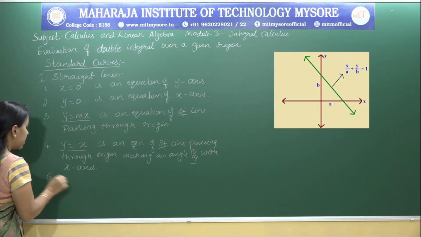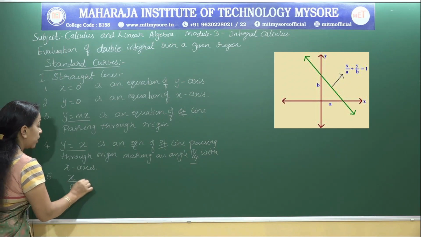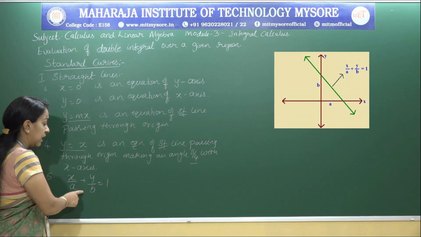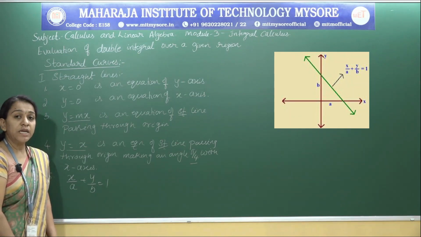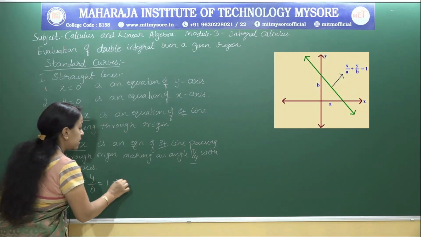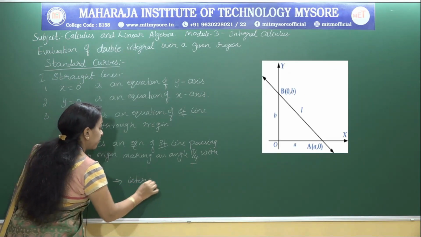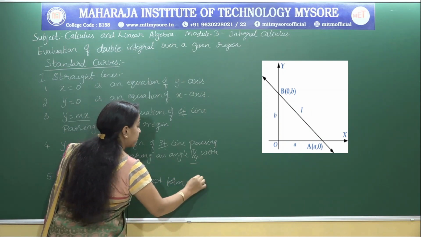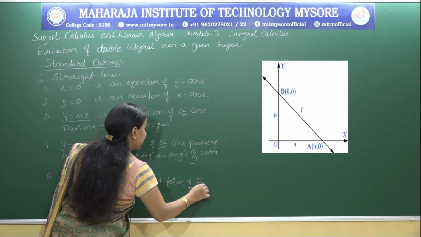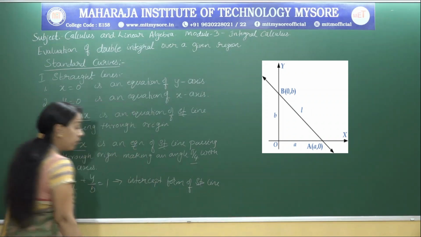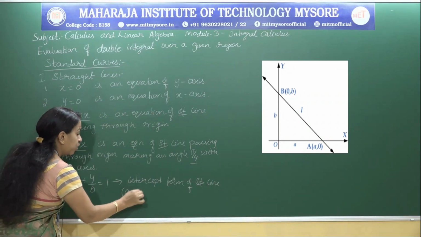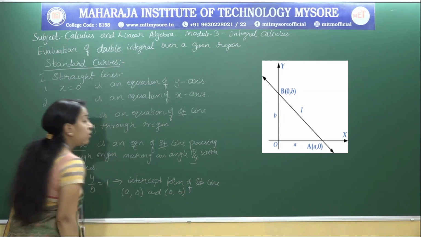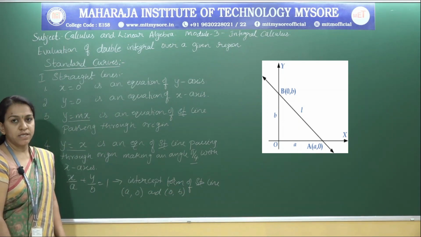And we have x by a plus y by b equal to 1. This represents the equation of a straight line, which is nothing but the intercept form of the line, where a comma 0 and 0 comma b are the points on the x and y axis respectively.